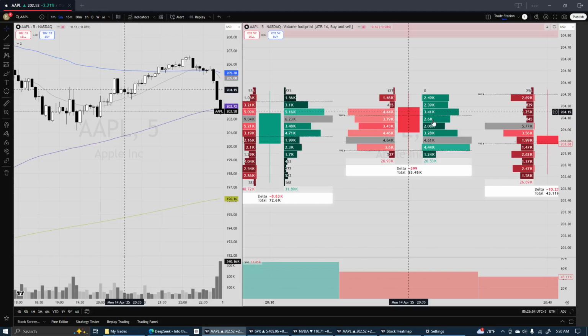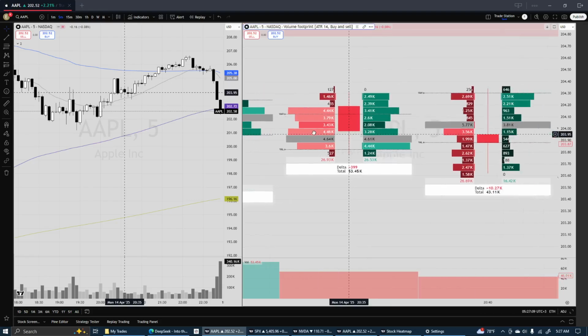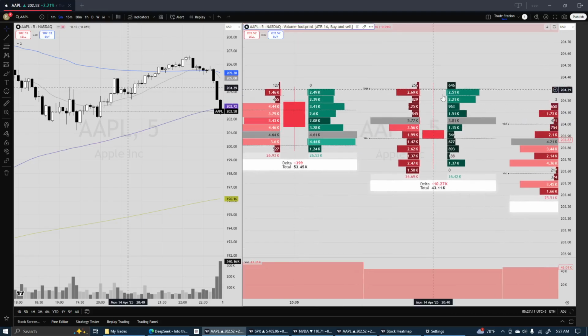If we look at this part of the candle, who won this candle? We look here, 333. Very obviously, the sellers won this candle.